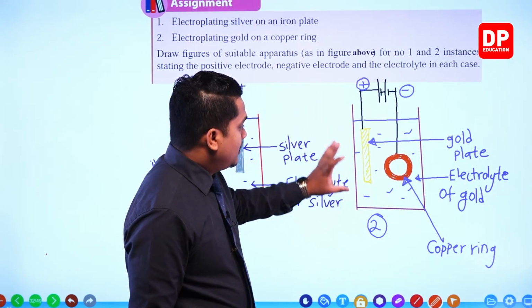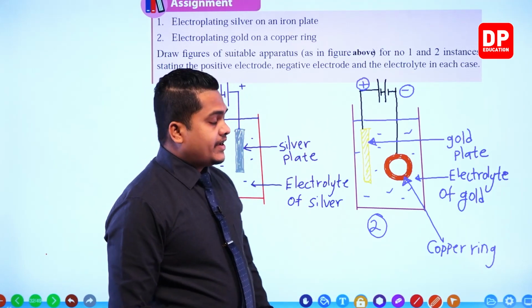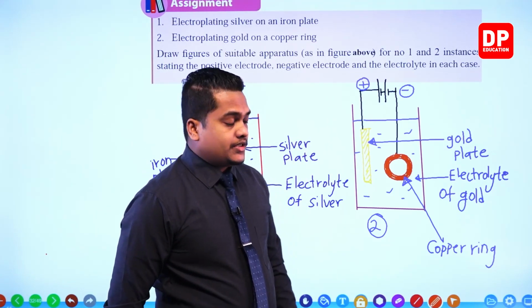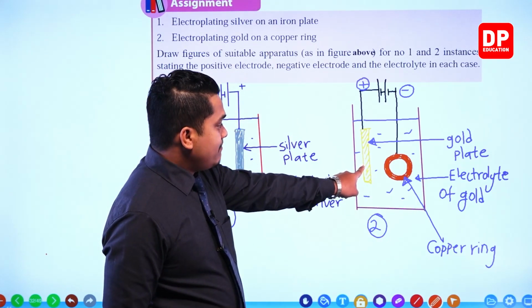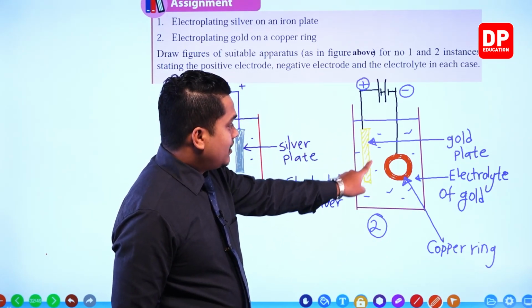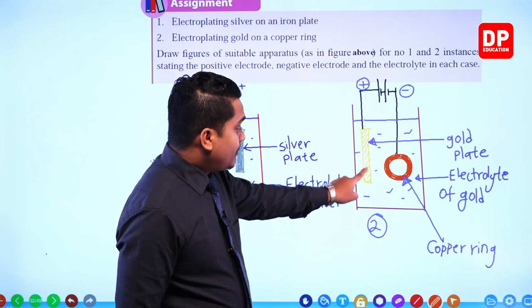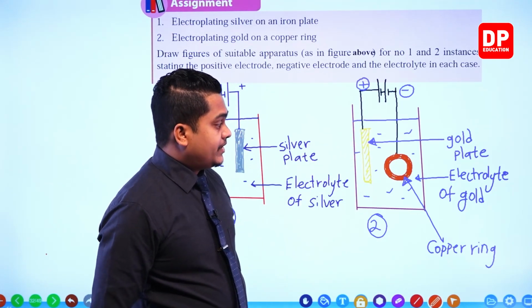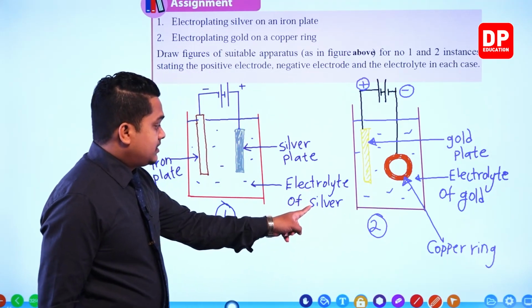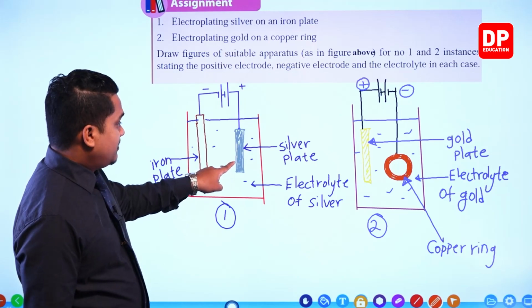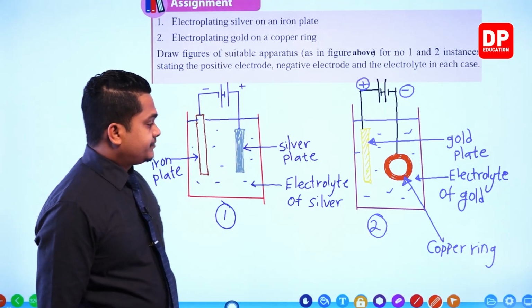Positive terminal, the particular metal that we are going to plate on the object. The electrolyte also should contain the same element as the metal plate we use for the positive terminal. Silver, electrolyte of silver, silver plate, positive terminal.